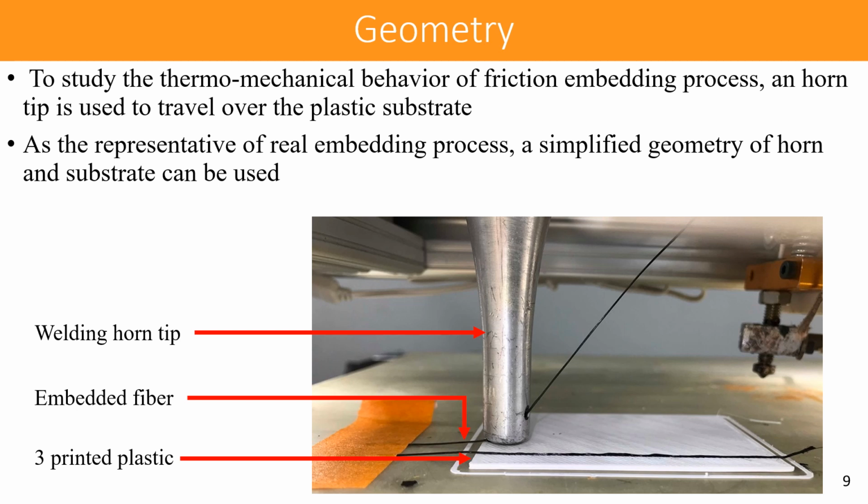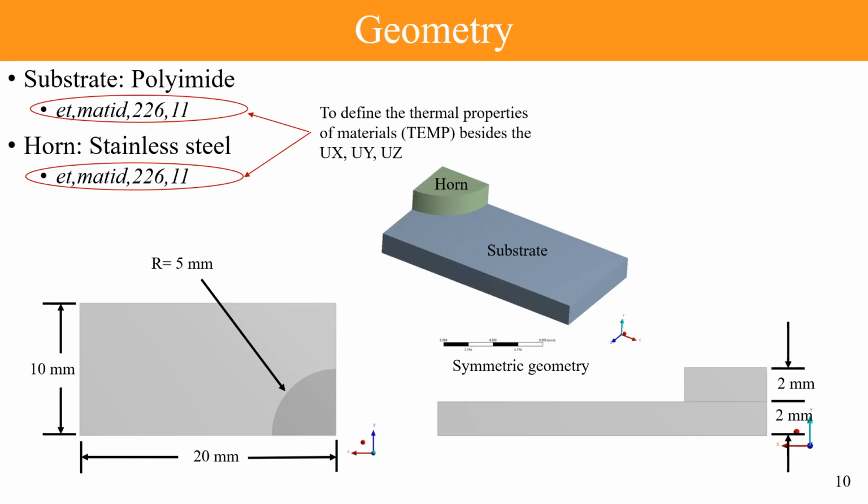You can see this is the horn tip, this is the embedding fiber, which is carbon fiber in this case, and this is the plastic substrate. For the simplified geometry, I chose a symmetric geometry: the substrate material with the horn on top of it, and I can set up all the necessary boundary conditions.